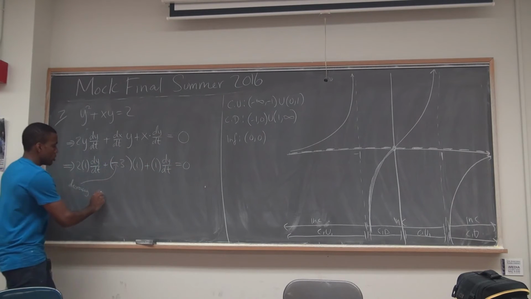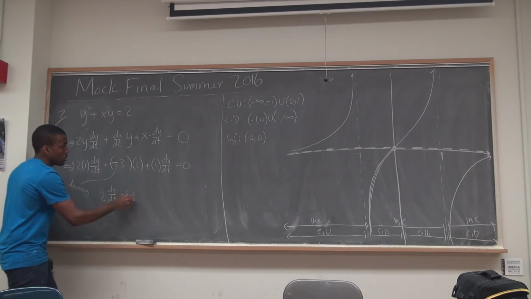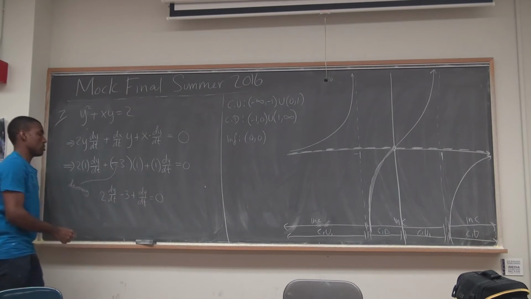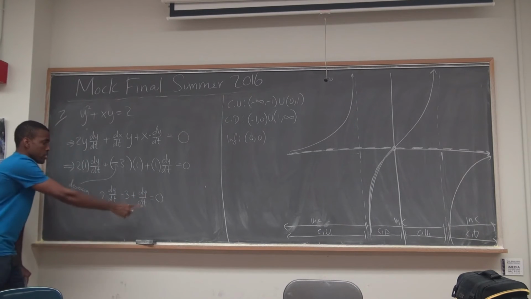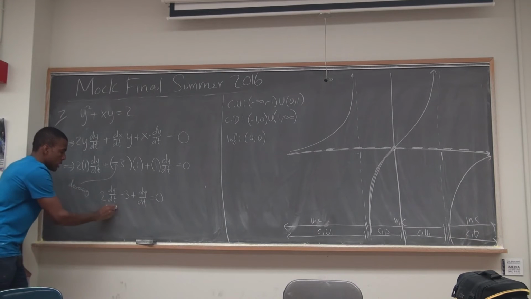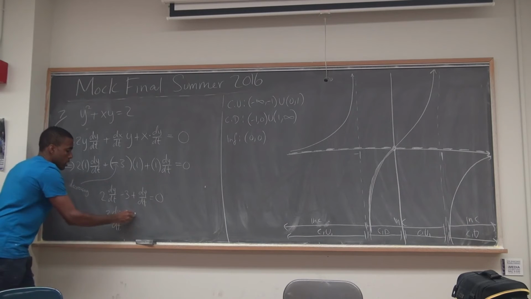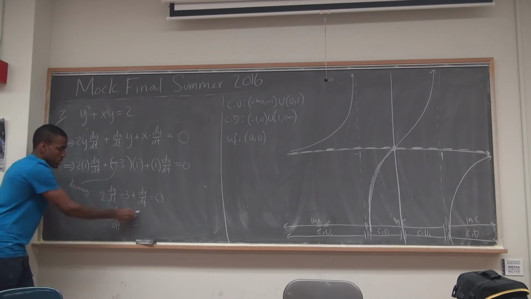So I end up with 2 dy/dt minus 3 plus dy/dt equals 0. So 2 dy/dt plus dy/dt gives me 3 dy/dt. And this minus 3, I'm going to go over here, I get 3. Then divide both sides by 3.